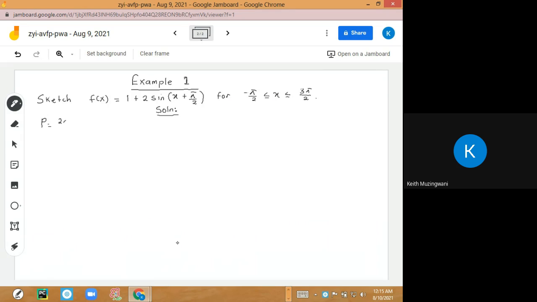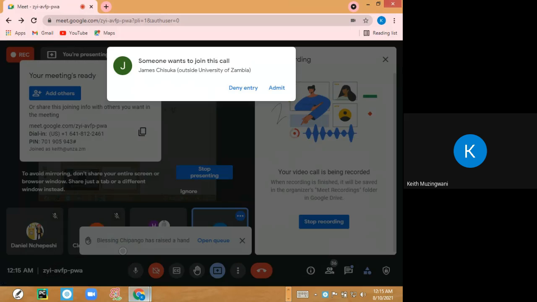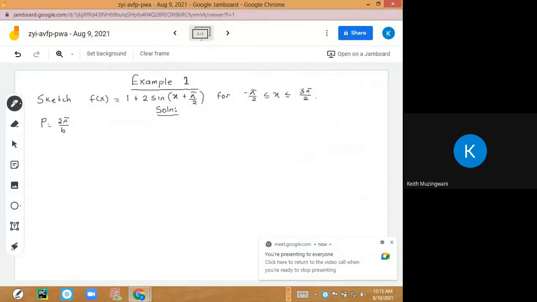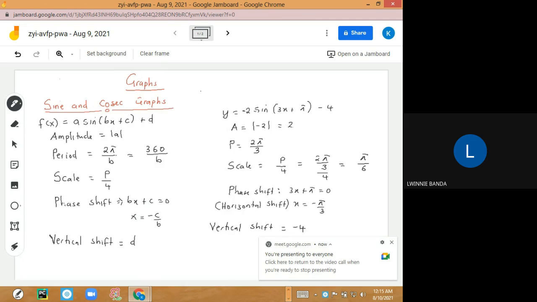We say the period is 2 pi over b. What is b in this case? We said b is the coefficient of x.